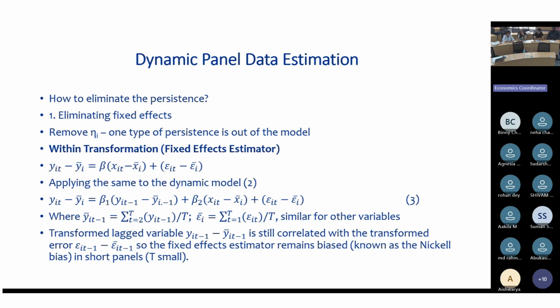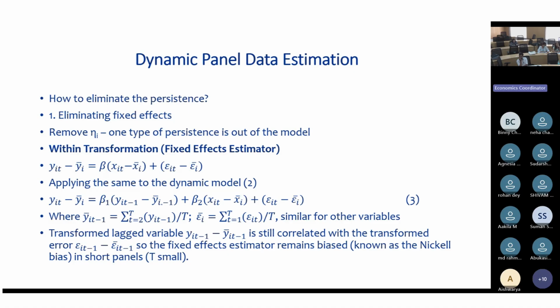That's all we do here. And of course, the rest of the components: epsilon it minus epsilon i bar. What is epsilon i bar? Epsilon i bar is nothing but the summation of all the epsilons, which includes epsilon it minus 1, epsilon it minus 2, divided by n, right?